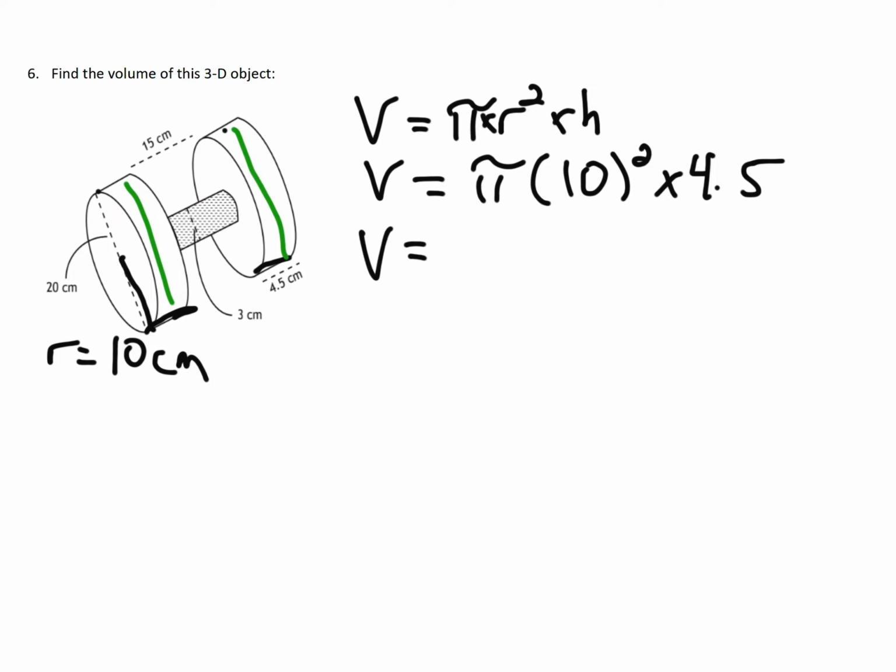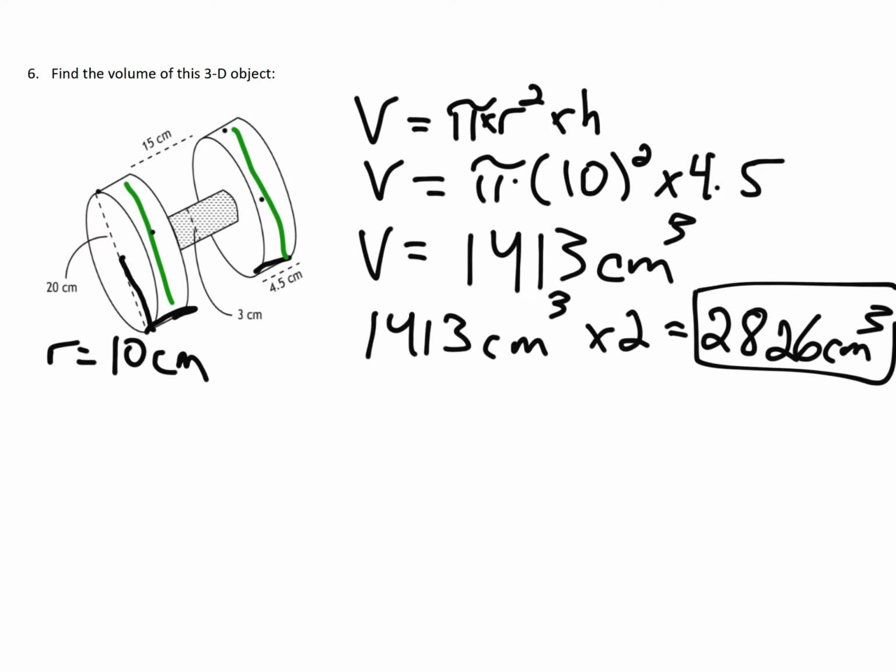I'm using 3.14 for the value of pi, so if you multiply this all together, you should get 1,413 centimeters cubed. Now we can multiply that by 2 to get the 2 cylinders marked in green. So that'll give us 2,826 centimeters cubed.